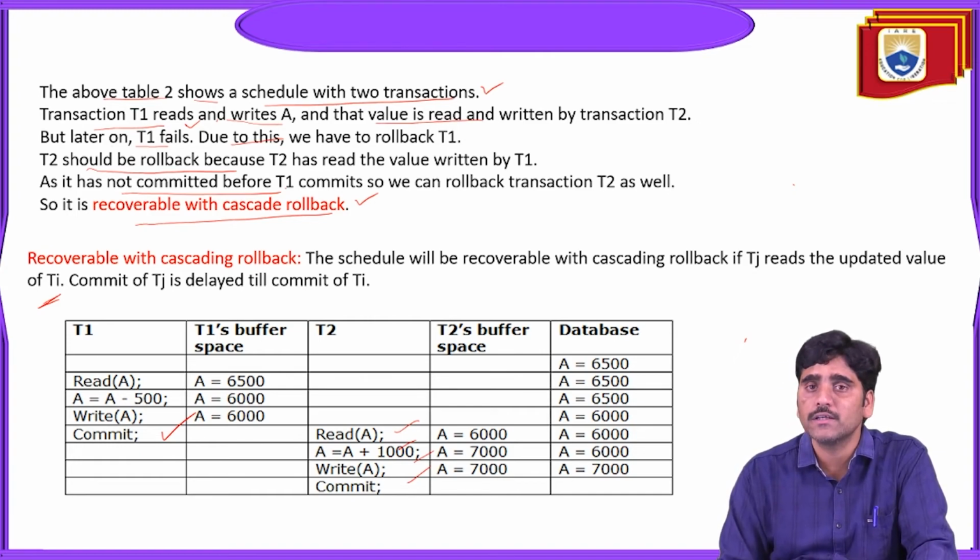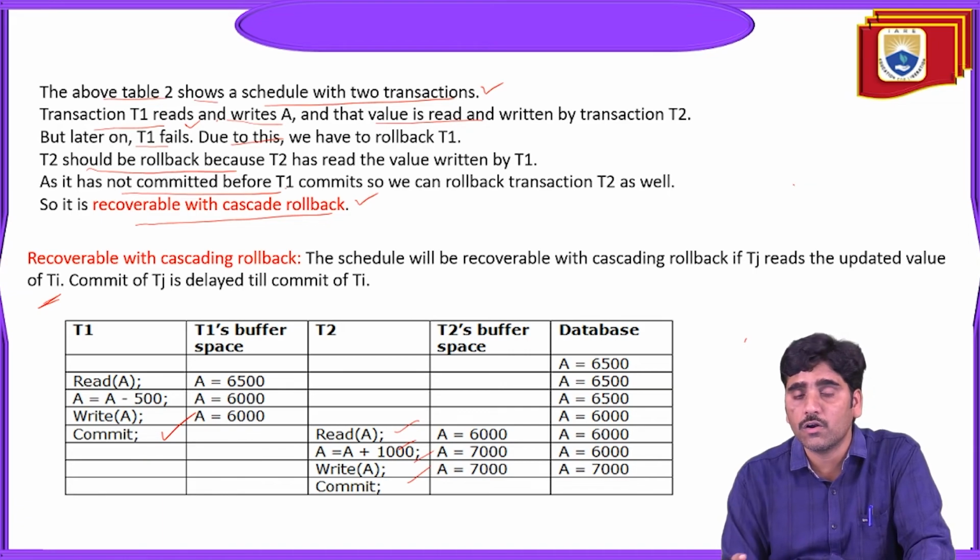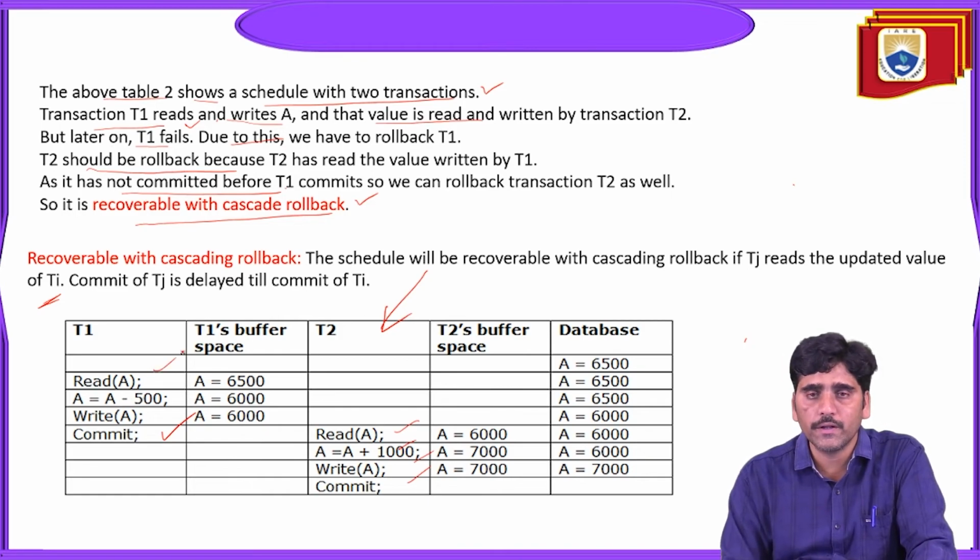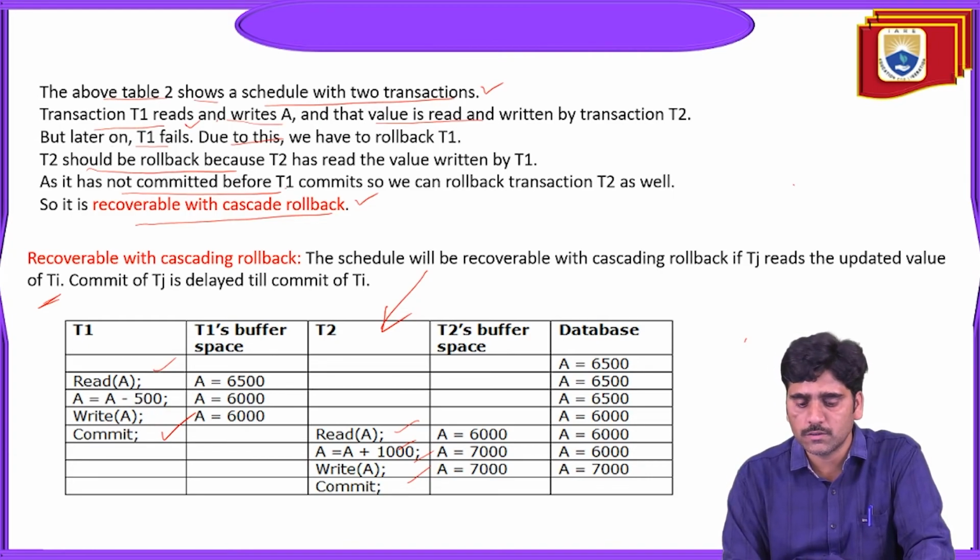And the next one, cascadeless rollback. Cascadeless means the transactions are not depending on one another. From this diagram, transaction 1 performs read operation, write operation, and commit operation individually, and similarly the second transaction also performs read, write, and commit individually.